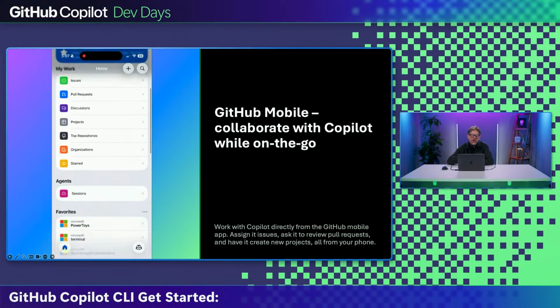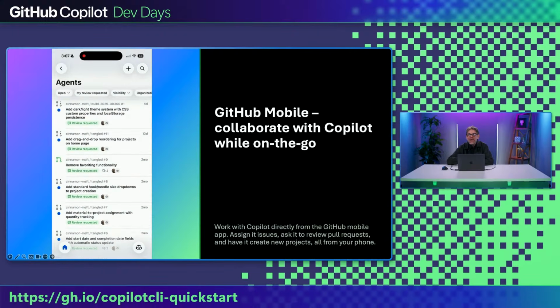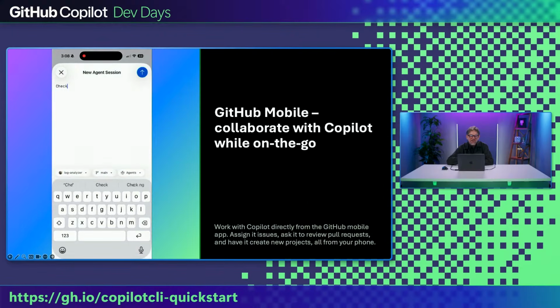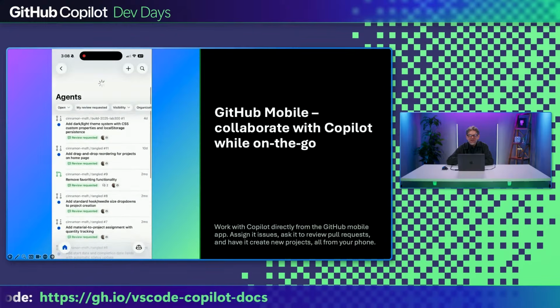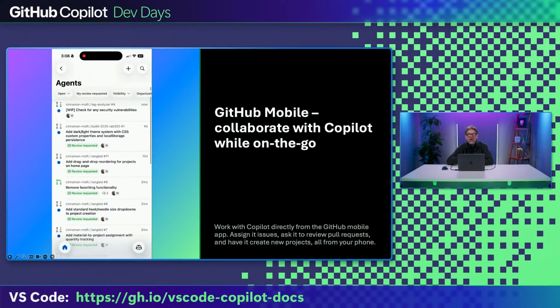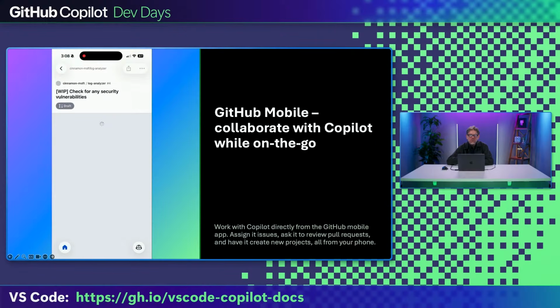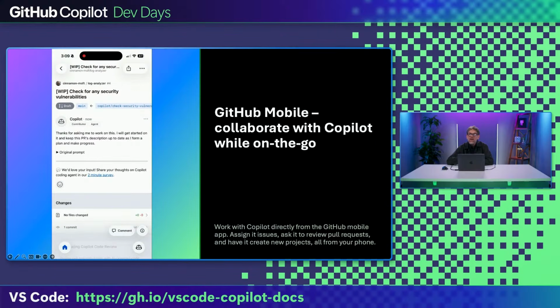You see an issue or a code pull request come through, and then you can send an agent after it to say, you know what, I want to check for any security vulnerabilities with this session. So you're out walking the dog, and you can steer the agent or kick off a whole agent session and see it work. And you can see all the other agent sessions that you might have launched from VS Code or from the CLI there as well. So one Copilot everywhere that you go.